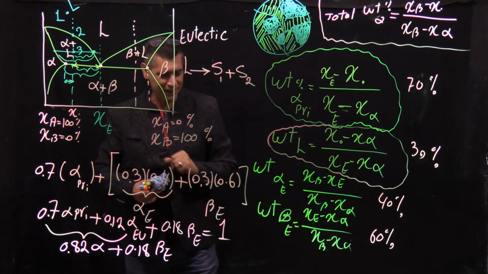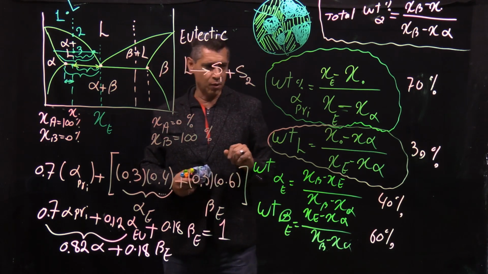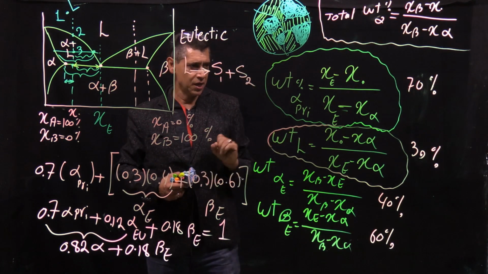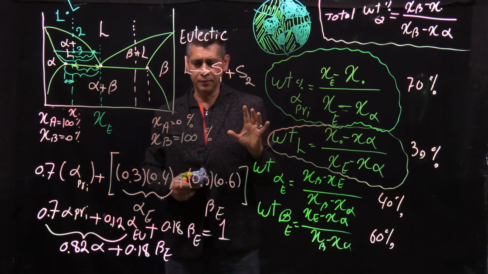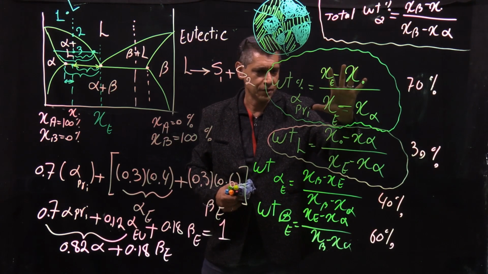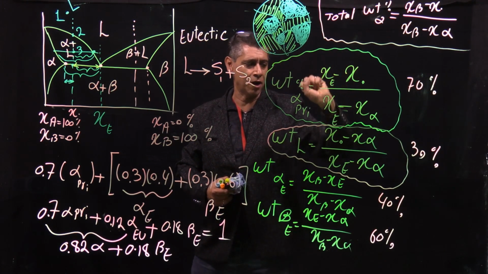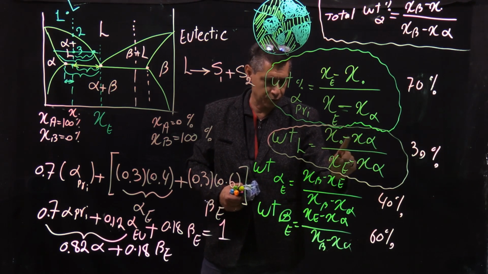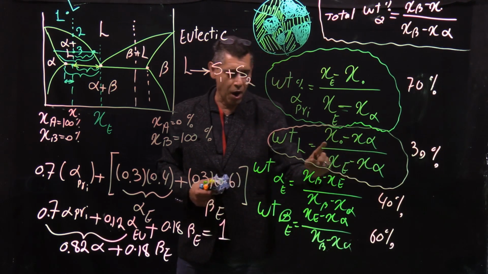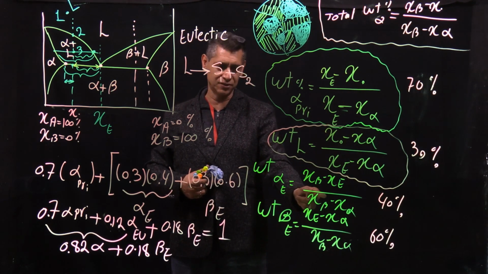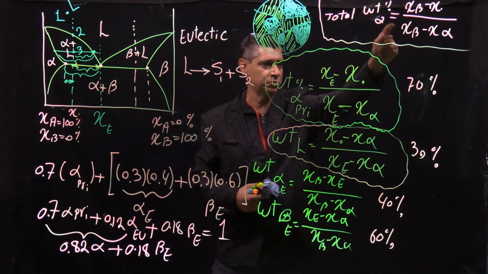By the way, mathematically, if I want to know the total amount of alpha, I can do this. I can parametrically multiply this. So I keep this value and I multiply this liquid by this value, which is the weight percent of the liquid, and the answer will be the same thing too.